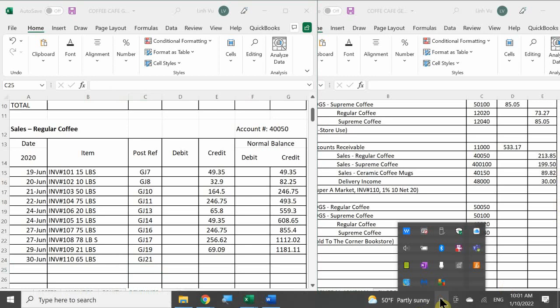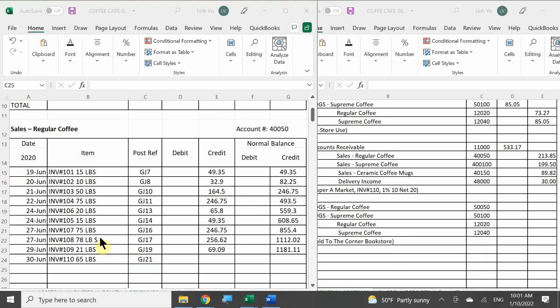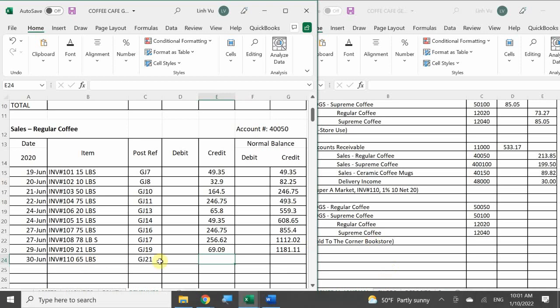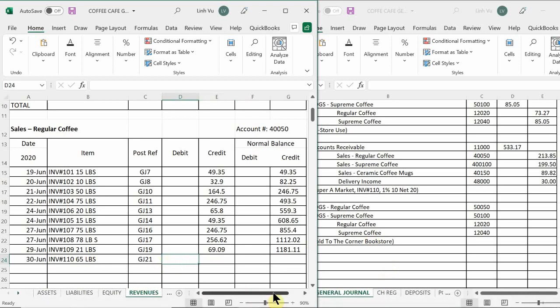General Journal number 21, for a total of 213.85.